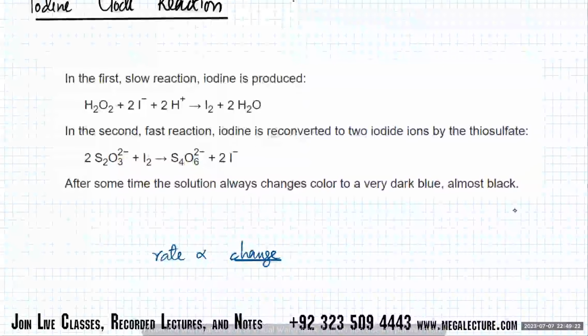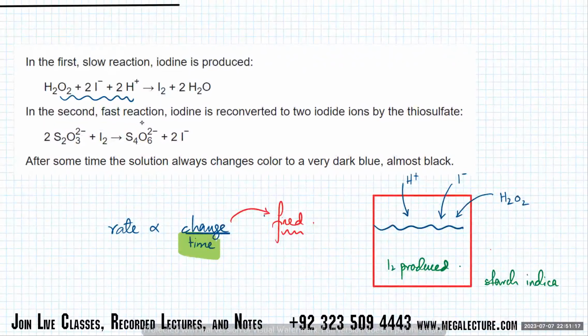Okay, so you added these three reactants. As a result, iodine gets produced. So I2 gets produced. Now, you're going to add starch to it. Do you know what color change happens when starch is added and iodine gets produced?